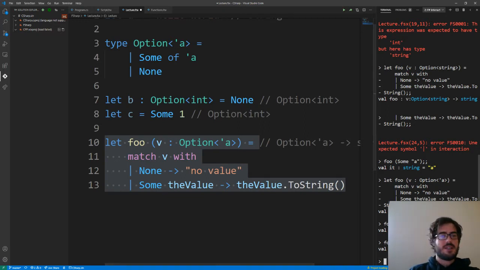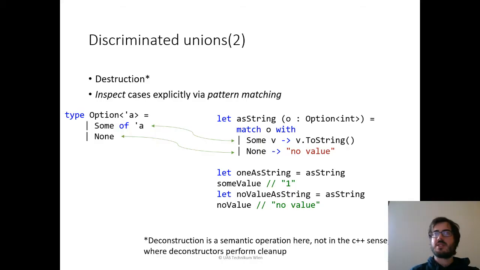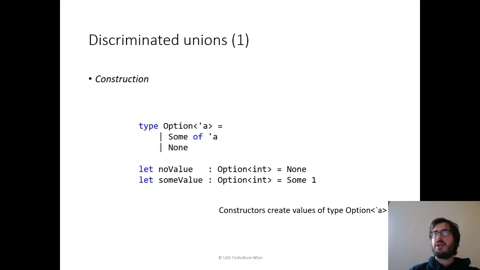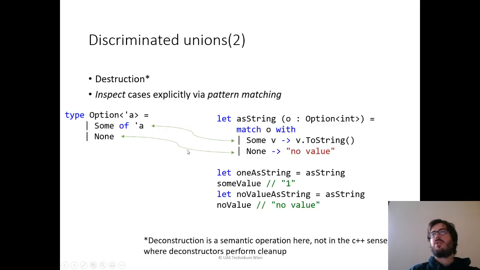So great, let's look at the anatomy of this thing. So when we look back, we have construction, and construction is done by using one of the constructors. And each constructor is separated by the bar, which already indicates that it's something like or. So either we use this constructor or we use this one. And when we look further, the destruction is exactly the same.